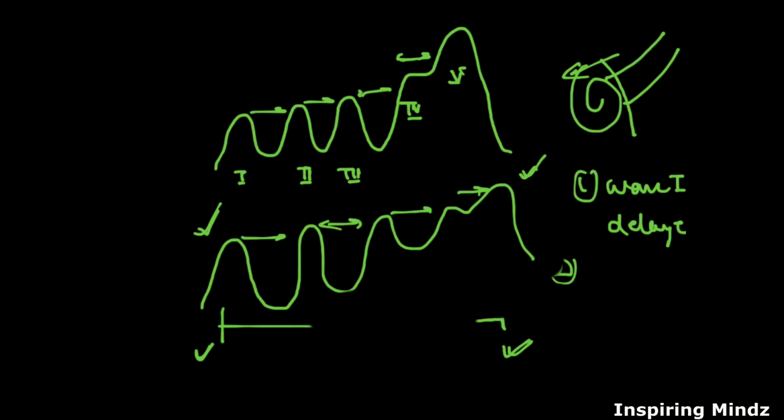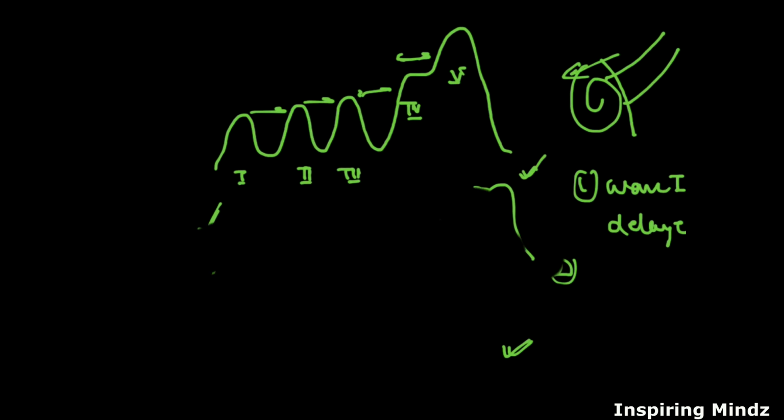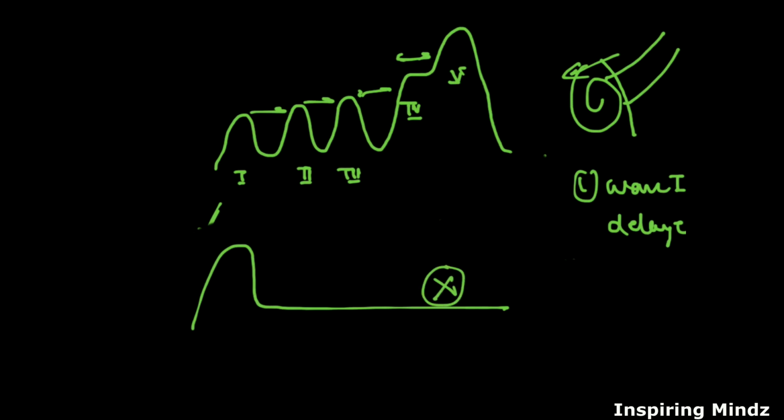Now let's consider another condition, where only wave 1 is present and all other waves are absent. This indicates a retrocochlear pathology, that means something is beyond the distal cochlear nerve. To summarize: if wave 1 is delayed, it indicates cochlear pathology.